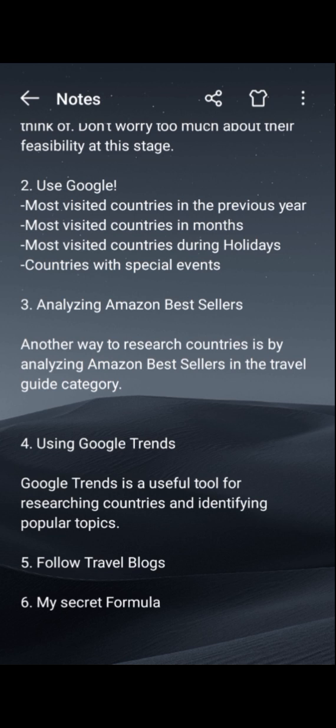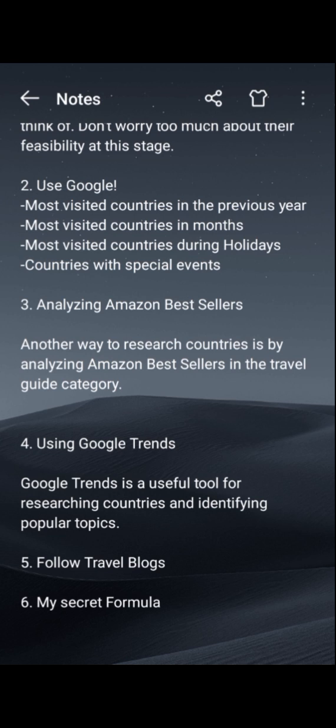Those travel blogs will make posts about countries. There are also travel forums where people visit, maybe Japan or Congo, and they just come and say, this is my visit to Congo, this is how it was.